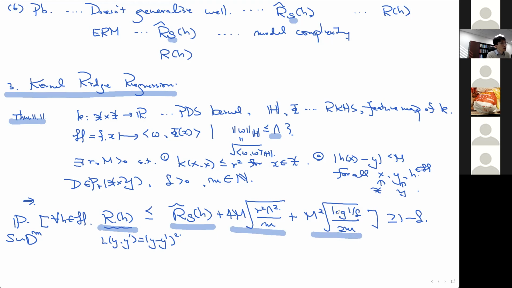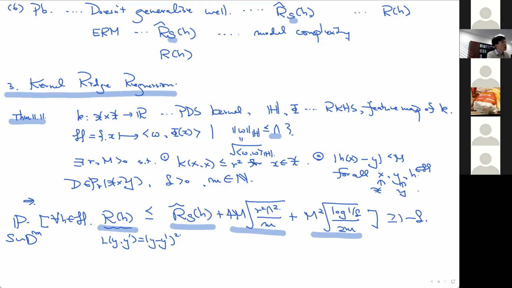This is a general theorem that's true, and there are some other versions where there's a second term that you see here. It doesn't say anything about the sample, but let's not worry about this second version.